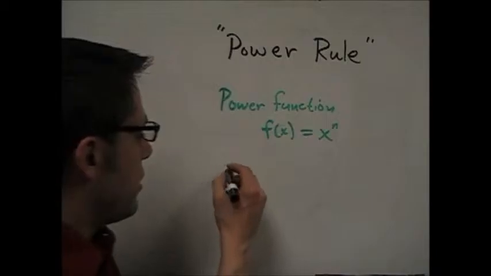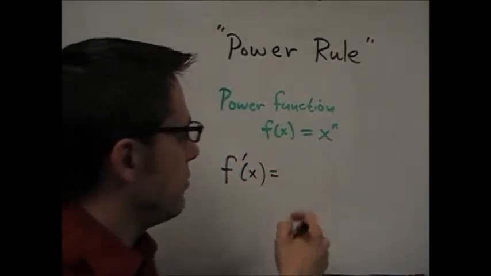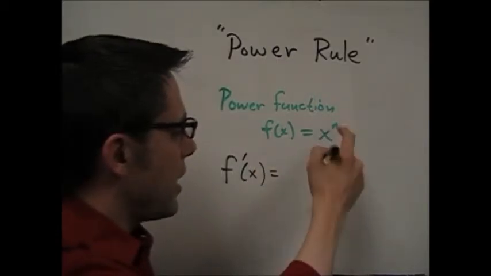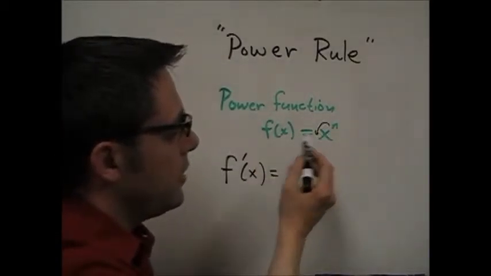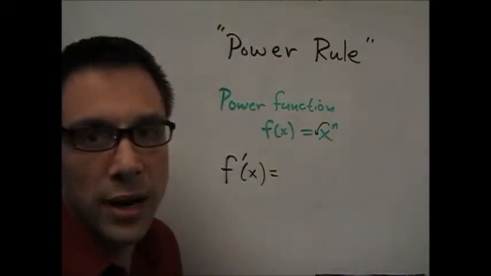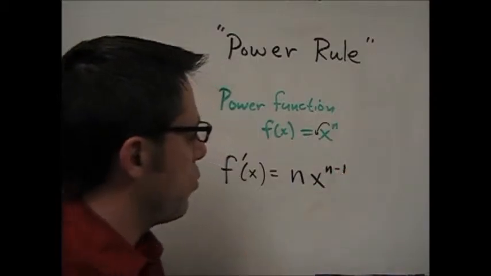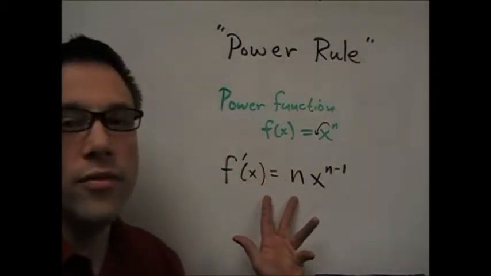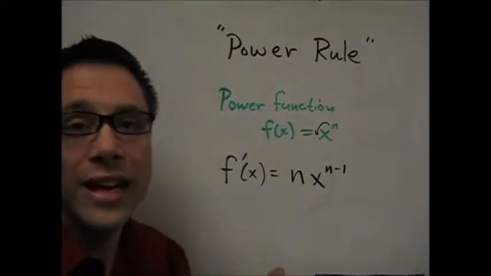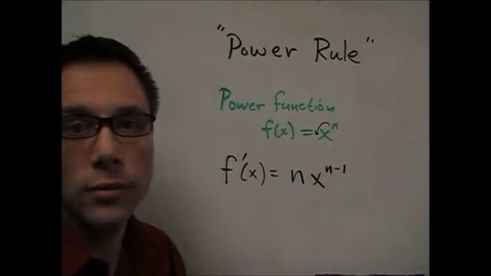So it turns out that the derivative of the power function is given by the following. What I do is I drop down this n, and I leave the base alone and reduce the power by 1. So I get n x to the n minus 1.